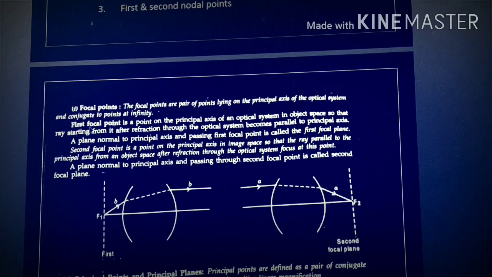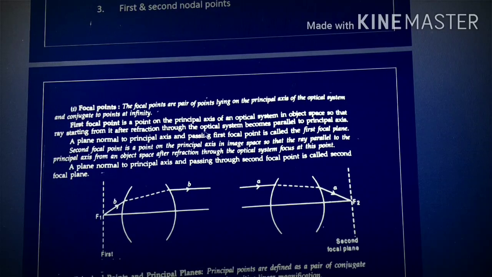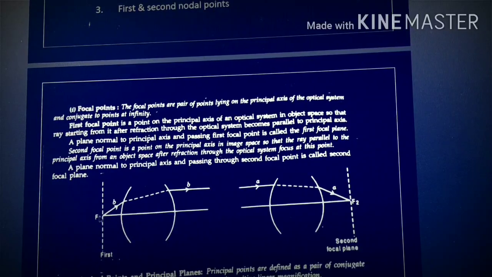Today first we discuss the first focal point. It is a point on the principal axis of an optical system, placed in the object space, such that if a ray starts from this point, after refraction through the optical system, the rays are parallel to the principal axis. This is the first focal point F1.